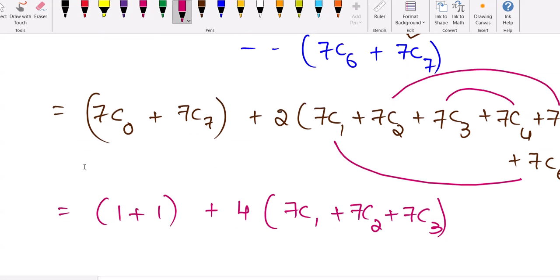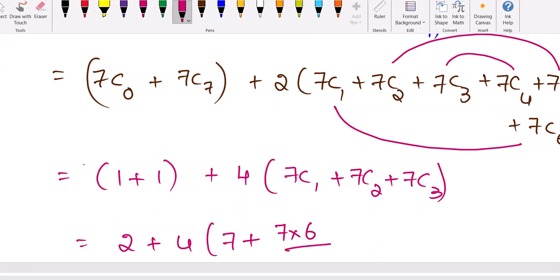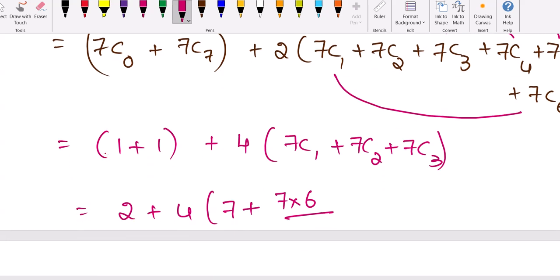So this is taking time. I'll give another method, but first I'm giving the one which you people already know. 7C1 is nothing but 7. 7C2, how to calculate? 7 into 6 divided by 2 factorial, or simply 2. 7C3 is 7 into 6 into 5 divided by 3 factorial, that is 3 into 2 into 1 in the denominator.